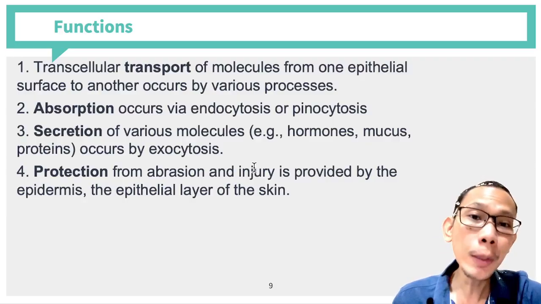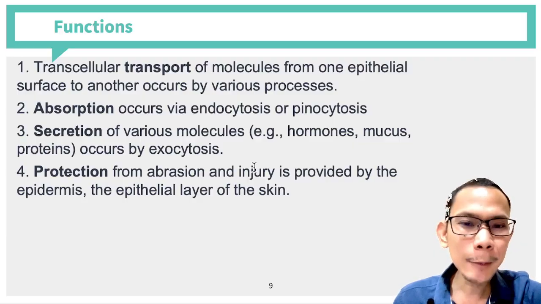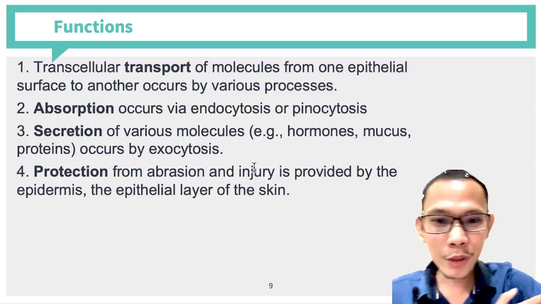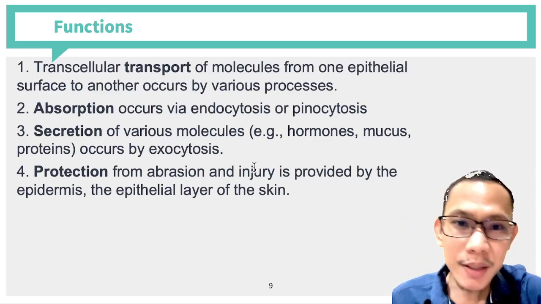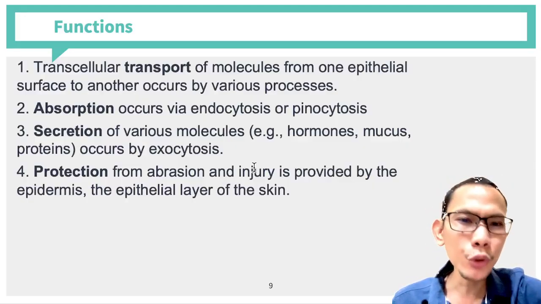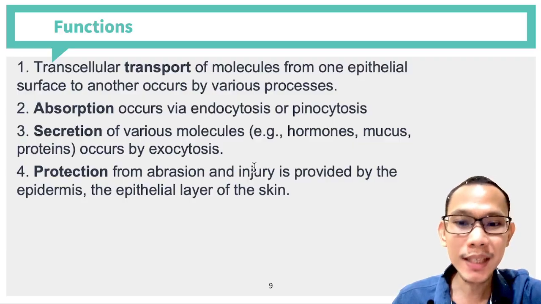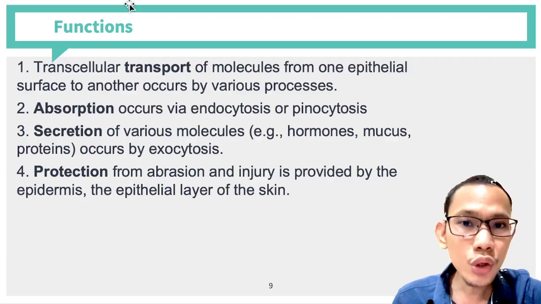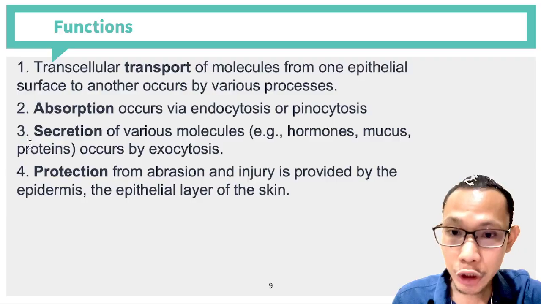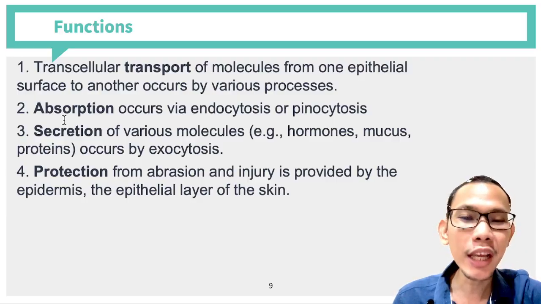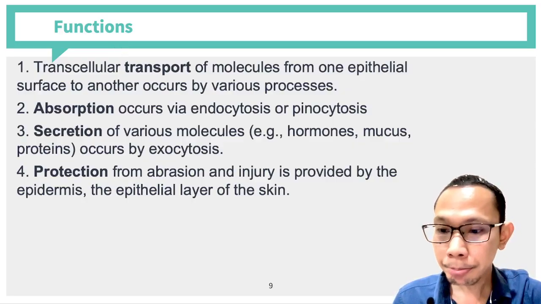So it will provide protection against toxins, UV radiation, and any physical trauma to the skin. So again, the general functions of your epithelium: transport, absorption, secretion, and protection. Okay? Just remember these clue terms.